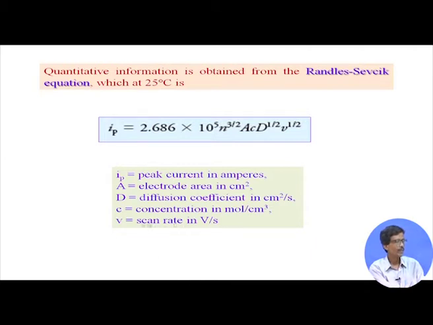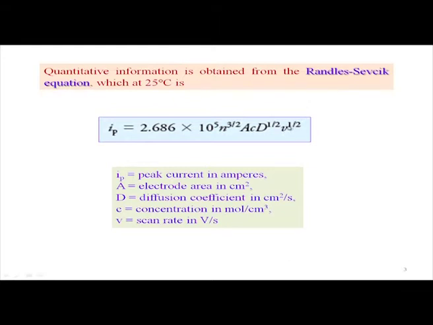So, that is the thing we are talking about just now, the scan rate. And we are talking about a scan rate in millivolt per second that can be converted to volt per second. And so, you get the corresponding current. This is the peak current height, whether you have an IPA or IPC. So, this particular equation tells us the relationship between your IPC or IPA with respect to your scan rate.